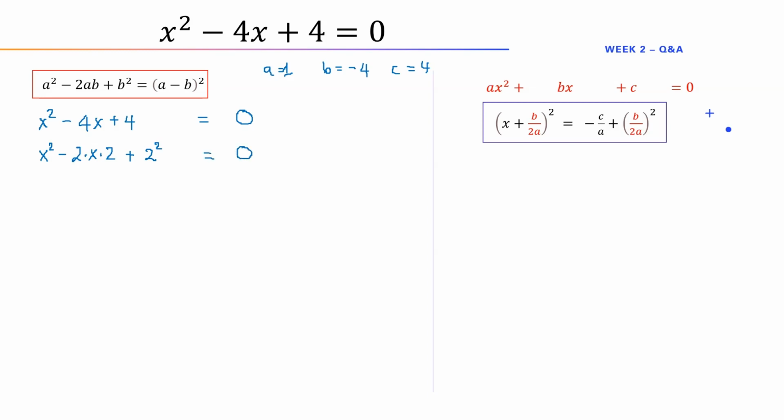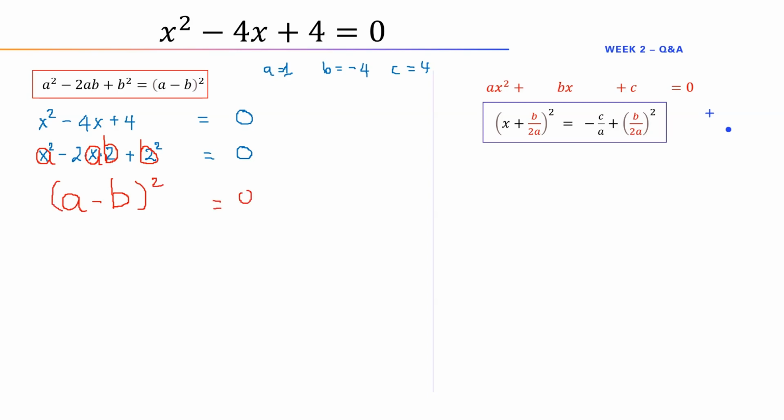So x is A, 2 is B, and we form A minus B squared, right?